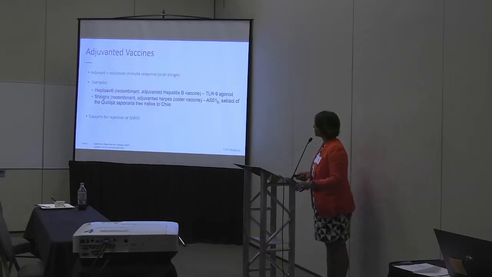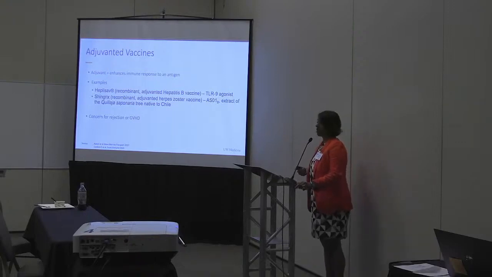A good example of this is actually Heplisav. Heplisav is a Hep B vaccine. It's a recombinant adjuvanted vaccine, and the adjuvant is a novel adjuvant, a TLR9 agonist. Toll-like receptor 9 is one of the parts of our primitive immune system. Toll-like receptors recognize non-self and distinguish it from self.